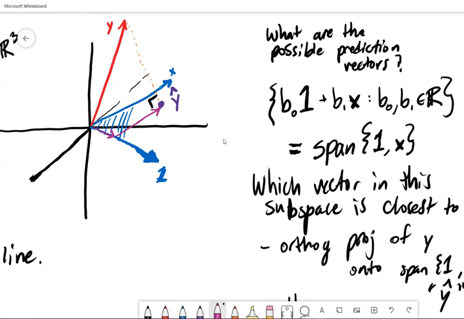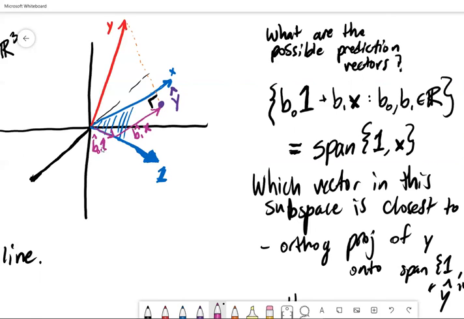And what is the one term? Let's say b0 hat is the coefficient of 1 that's needed, and b1 hat is the coefficient of x that's needed. Together, those lead you right to the orthogonal projection.